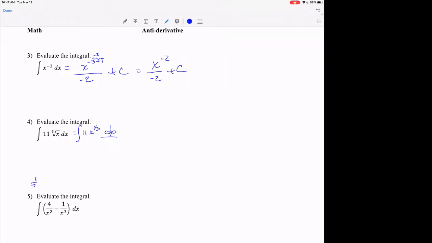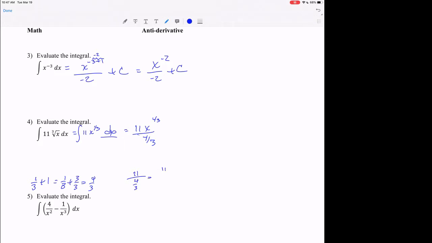How do I do the 1/3? What is 1/3 plus 1? So that's 1/3 plus 3 over 3. So that's 4/3. So this is going to be 11x to the 4/3 over 4/3. So how do I do 11 over 4/3?